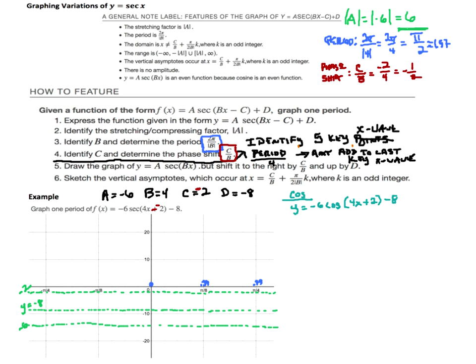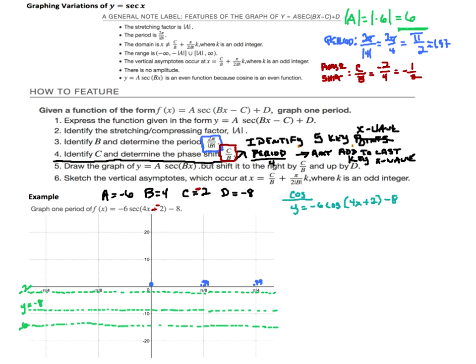And we will go ahead and find our 5 key x values here. That's going to tell us where our period begins, where it ends, and those five vertical lines that are either boundaries or asymptotes or point to key points in the function itself.